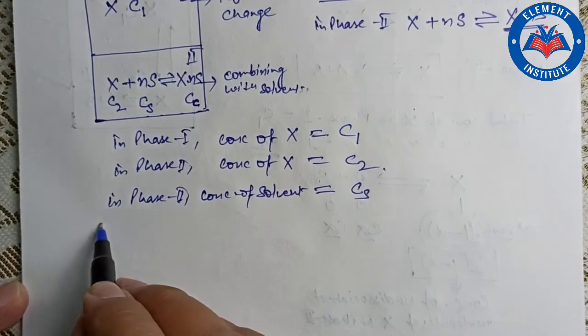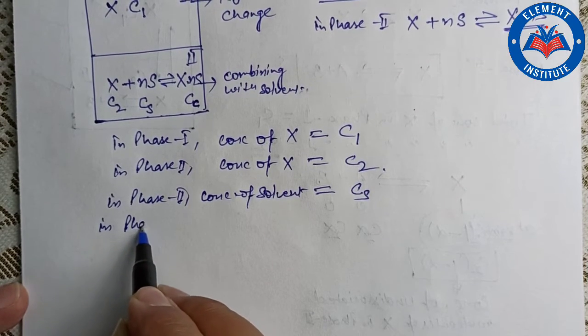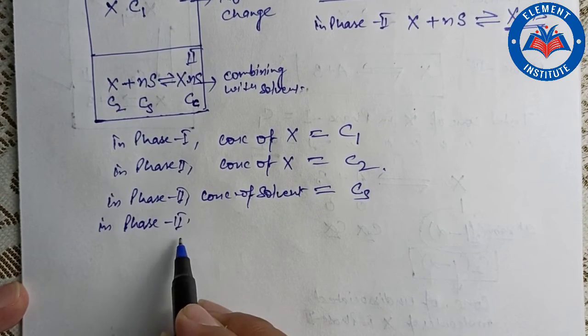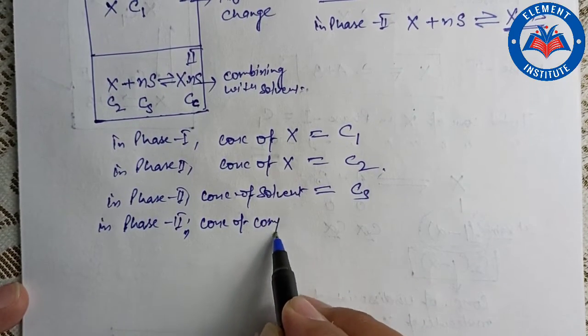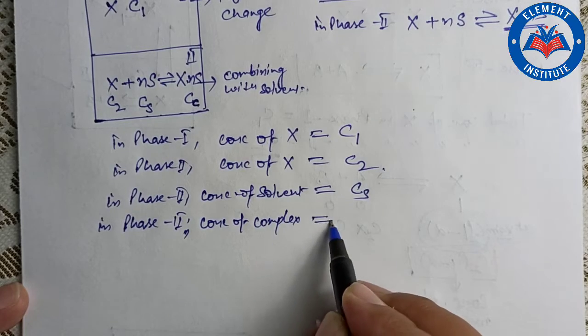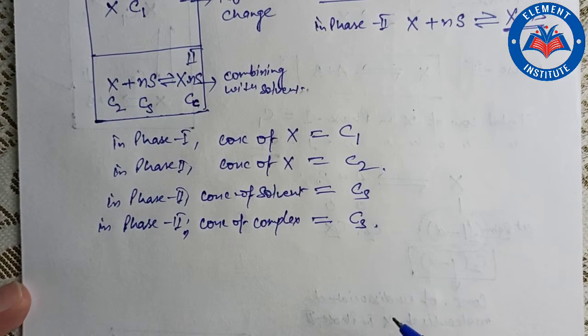Okay, so I can write in phase 2 the new concentration, that is the concentration of complex which is going to form in phase 2, is given as CS.